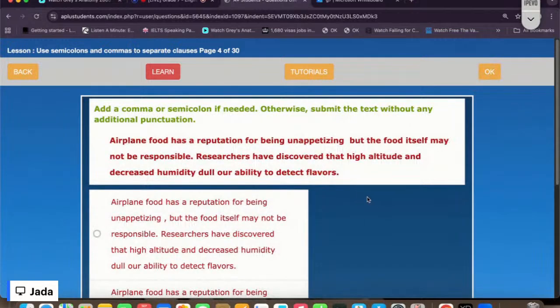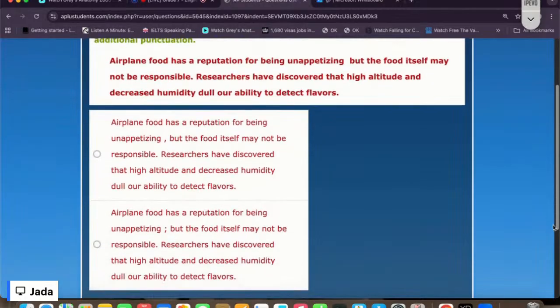All right, then next up we have: Airplane food has a reputation for being unappetizing, but the food itself may not be responsible. Researchers have discovered that high altitude and decreased humidity dull our ability to detect flavors. First or second?